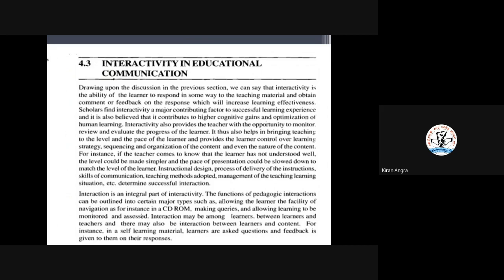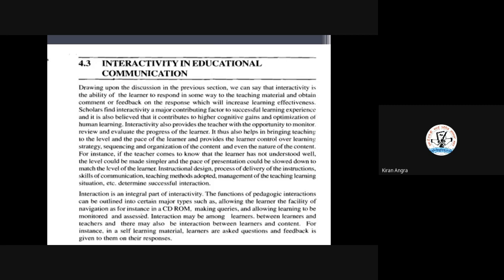And why is it so important? Because it increases learning effectiveness. Scholars find it a major contributory factor towards the learning experience, and it contributes towards higher cognitive gains and optimization of human learning.